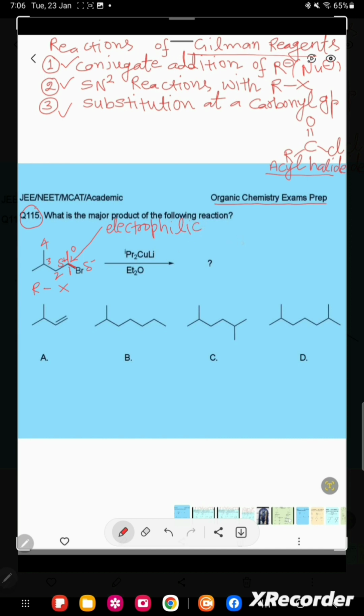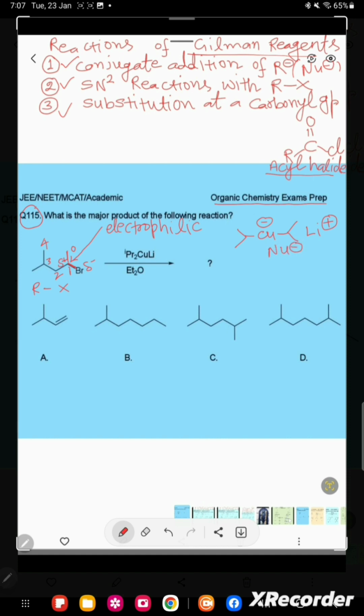And in Gilman reagents, we know that they are nucleophilic. So here the isopropyl group is this group. So this is lithium isopropyl cuprate, the Gilman reagent here. So this is our nucleophile.